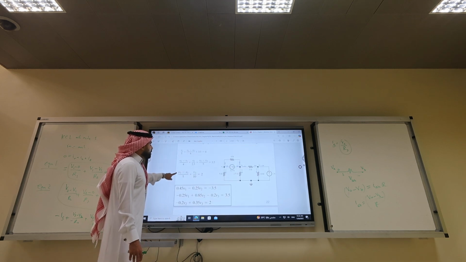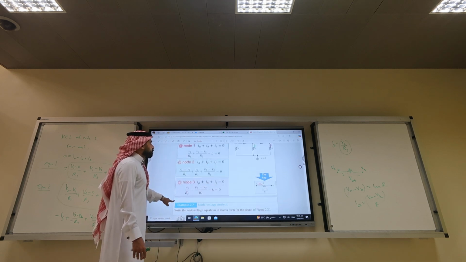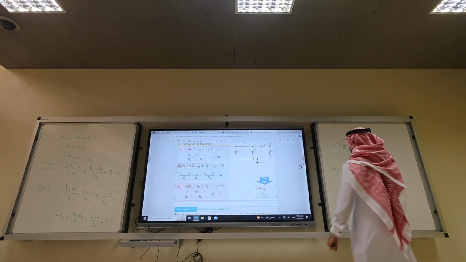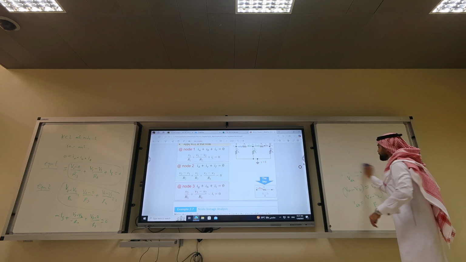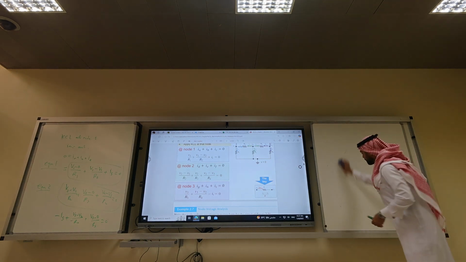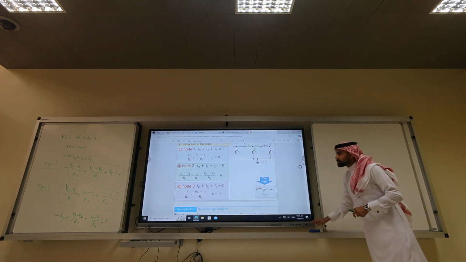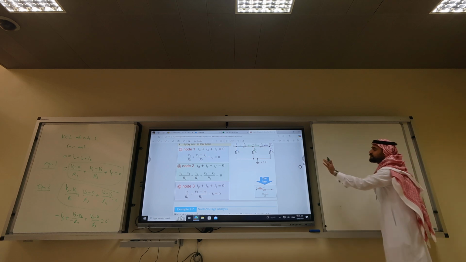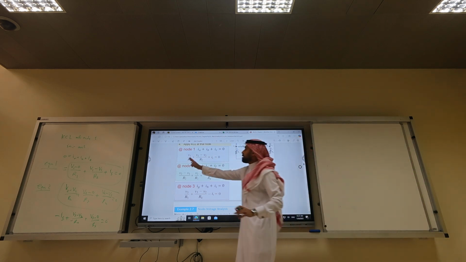Once you do it, you have to write it in the standard form. How do we write it in the standard form? See what I'm going to do right now. This equation is not written in the standard form, and this information is not in the slides, because I want you to watch the YouTube videos and attend the class. To write it, you start with V1, V2, V3.